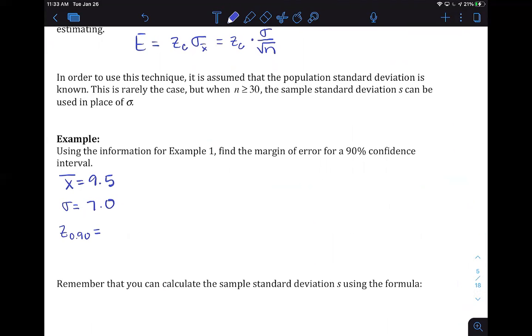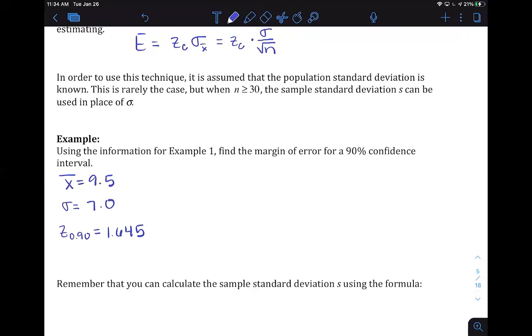Okay, looking at our level of confidence. So our C is 90%. So what is the critical value from the table? And we're just going to look at the positive. 1.645. Okay.